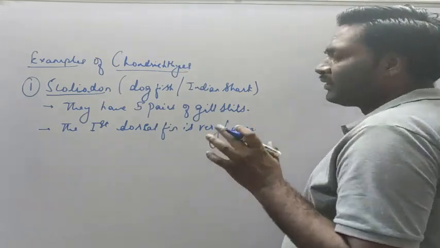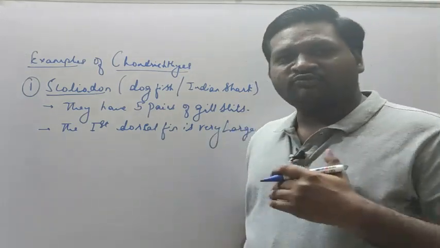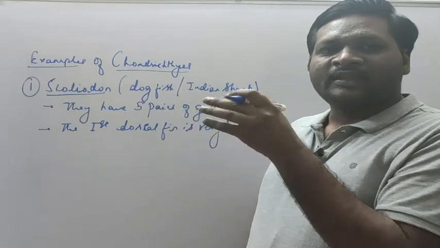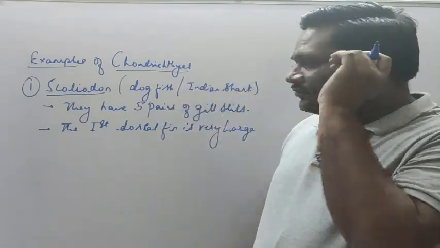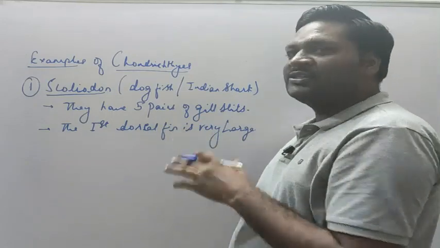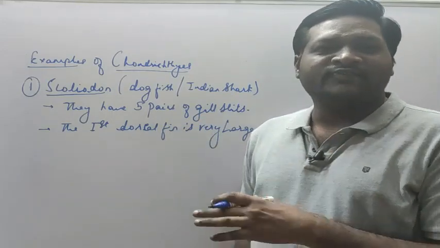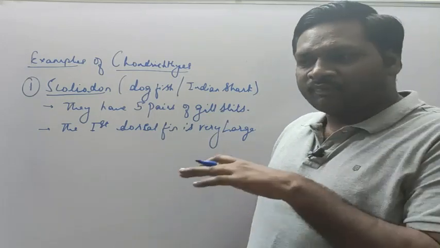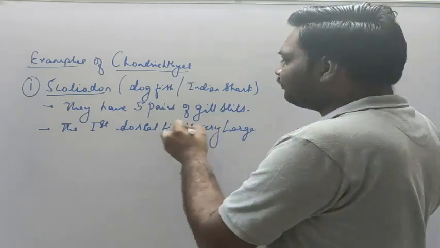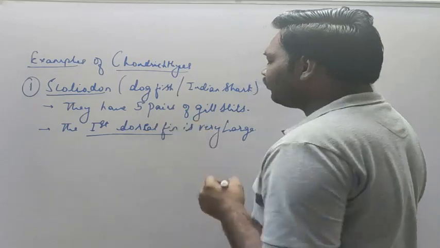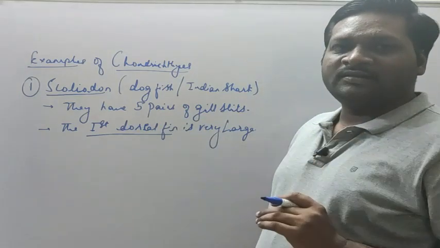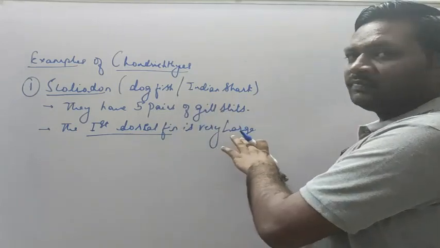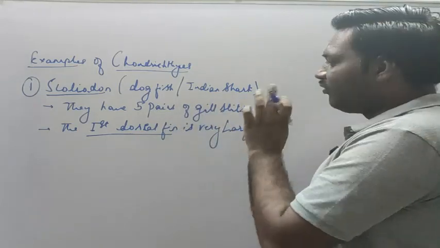So we can see the sharks when they swim, the large first dorsal fin emerges outside, and we can know that the Scoliodon or the shark are surface feeders, right? So they swim around the surface of the water. So the first dorsal fin will emerge outside the water, which is very large, and we can recognize the fish by this fin.